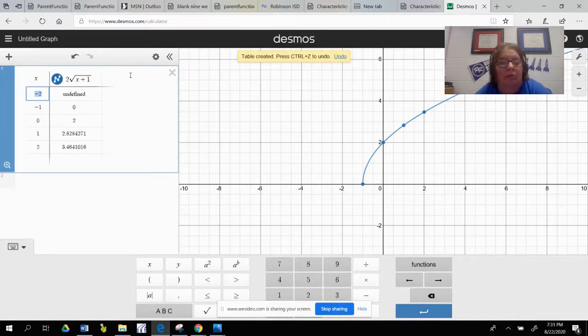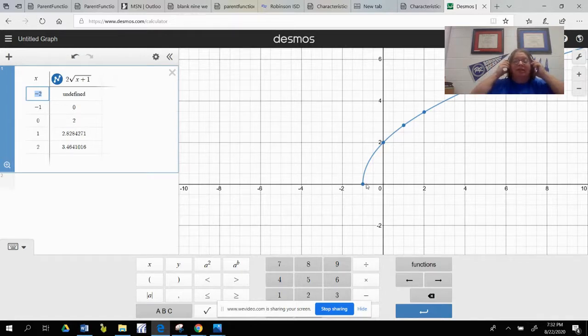Now, notice this table starts at -2, and the one on the paper starts at -2 as well. What does the table say at -2? It says undefined. Why in the world would it say undefined? Well, let's look. What happens in the graph where x is -2? There is nothing there, right?